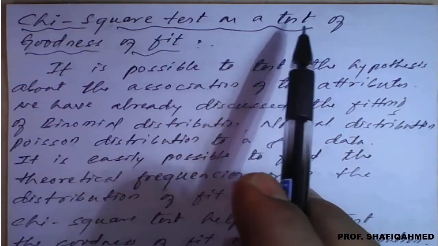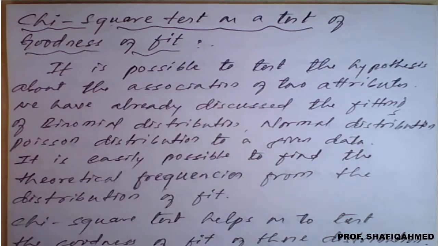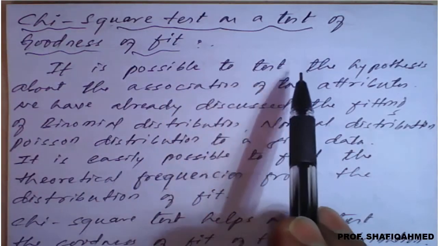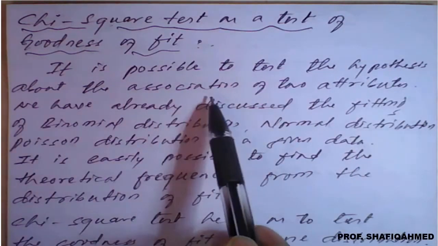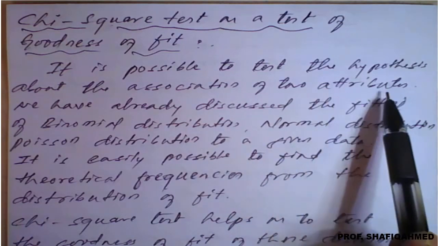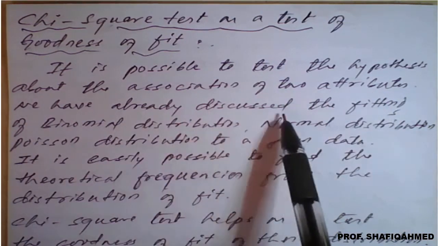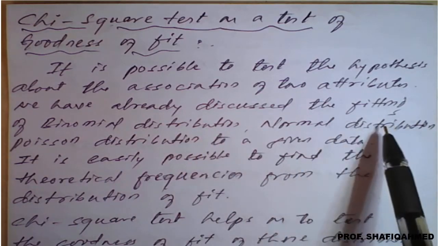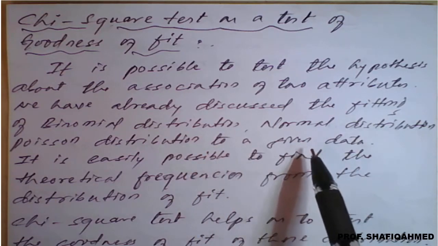Now, chi-square test as a test of goodness of fit. So what is goodness of fit in chi-square? It is possible to test a hypothesis about the association of two attributes. We have already discussed the fitting of binomial, normal and Poisson distributions to given data in the previous classes.